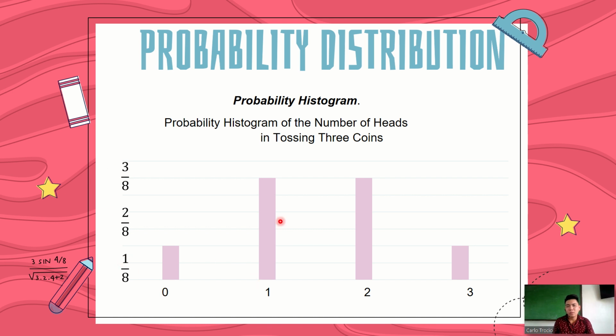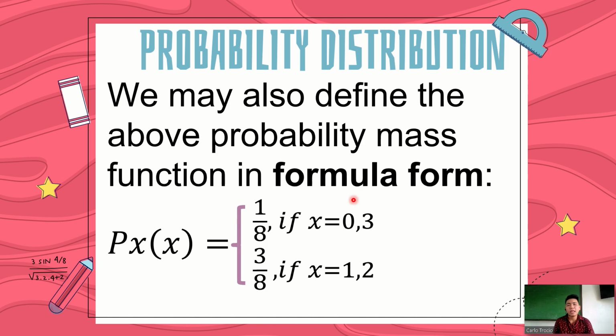There are 3 ones, and so on. You are going to create a histogram. And this is a probability distribution in a formula form. P of x is equal to, this is a piecewise function, 1 over 8 if x is equal to 0 or 3, and so on.